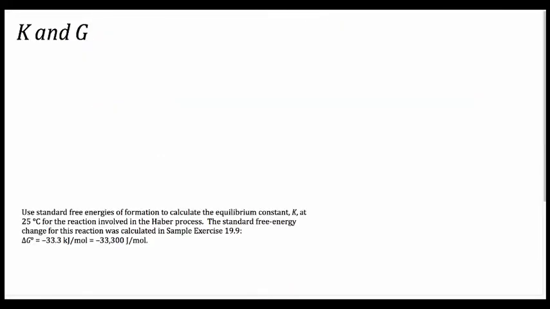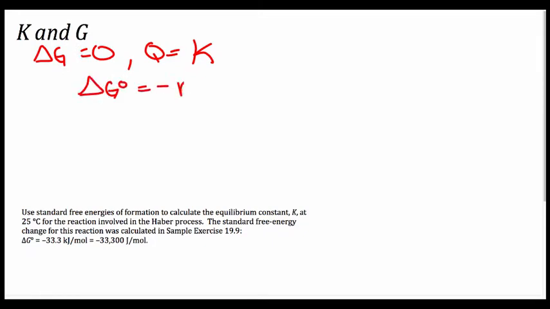Let's look at the relationship between K and G. You have another equation that's on your green sheet. Remember that delta G at equilibrium is 0. That's when Q equals K. So I get this equation that looks like this. Delta G naught is equal to negative RT times the natural log of K. If I solve for K, K is equal to e to the negative delta G naught over RT.